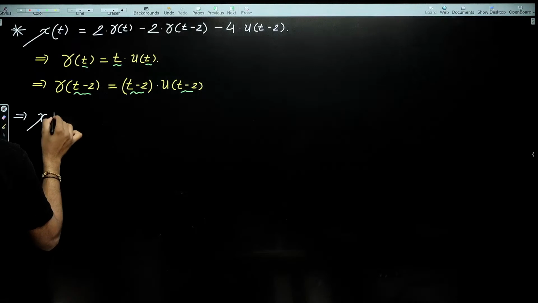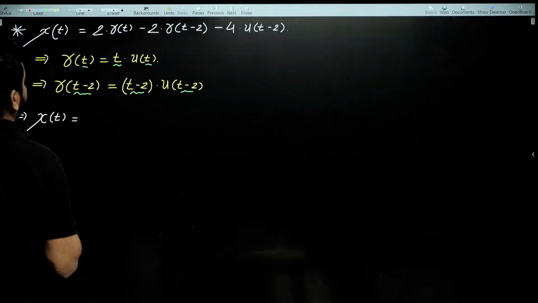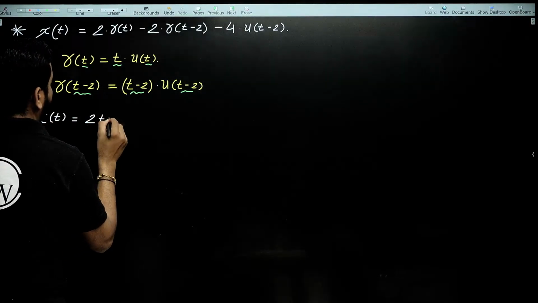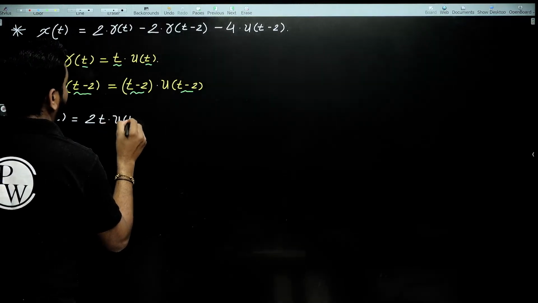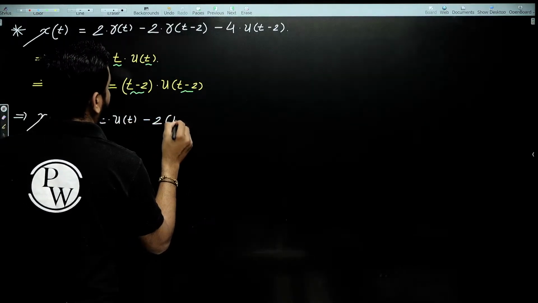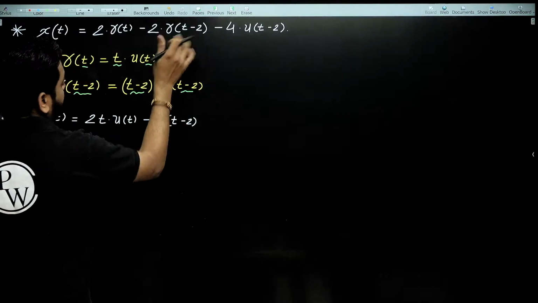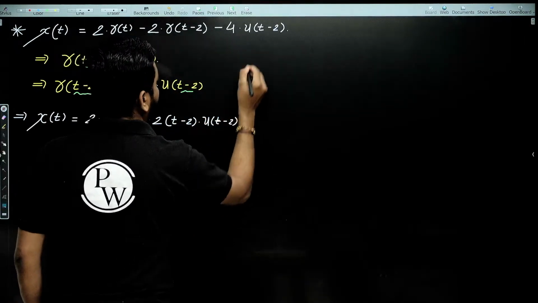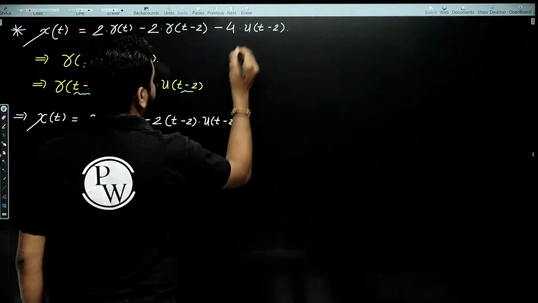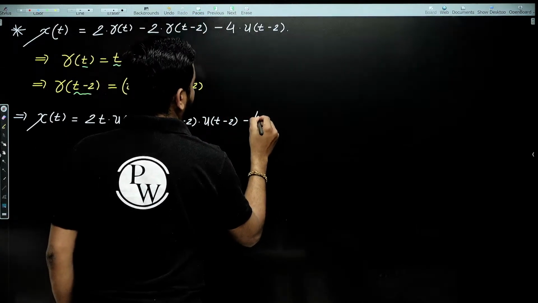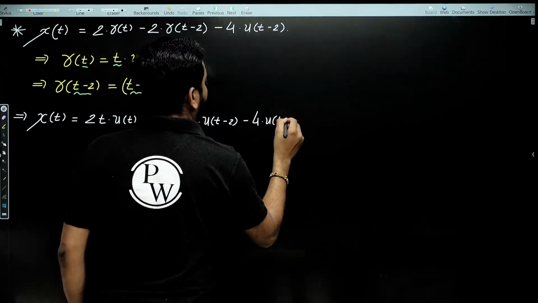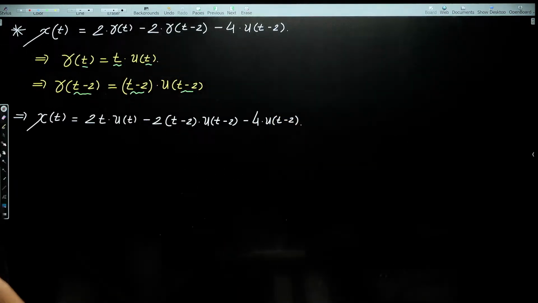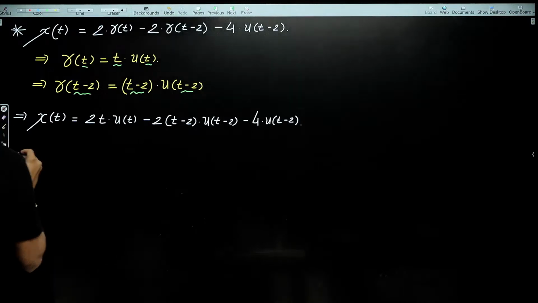Now x of t is equal to 2t u of t minus 2 times (t minus 2) into u of t minus 2, and this minus 4u of t minus 2. Now open this bracket, guys.